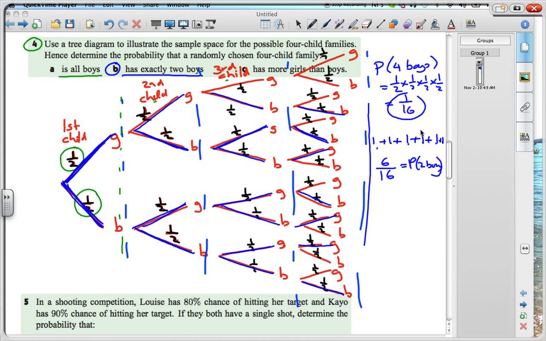Alright, and then more girls than boys. So we need again to look at all the possible routes for that, where we're going to have more girls than boys. So let's do this one. This one, girl, there's 1.